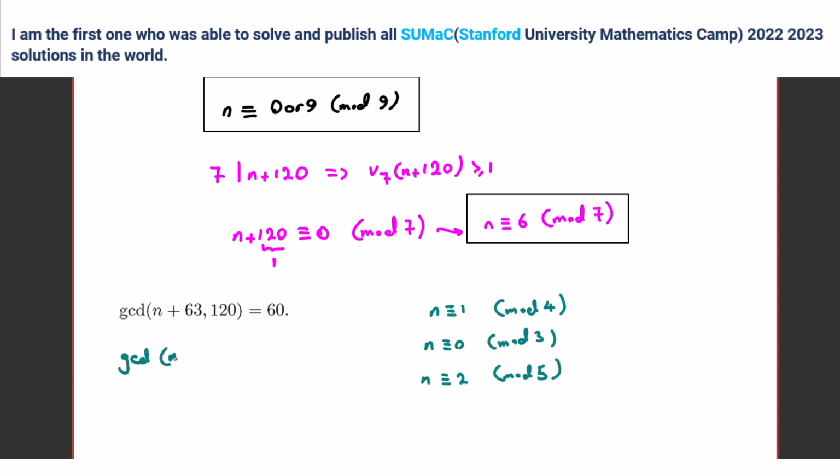The GCD of n plus 63 and 120 is 2 cubed times 3 times 5, which is 60, which is 2 squared times 3 times 5, right? Yeah. Okay. When we consider the power of 2, we can conclude that V2 of n plus 63 is what?